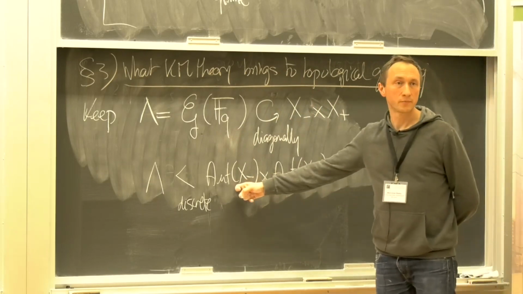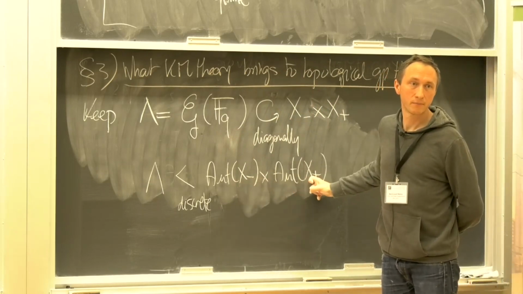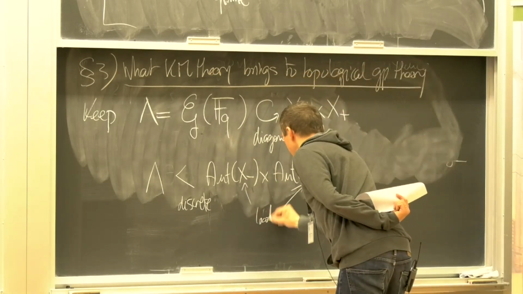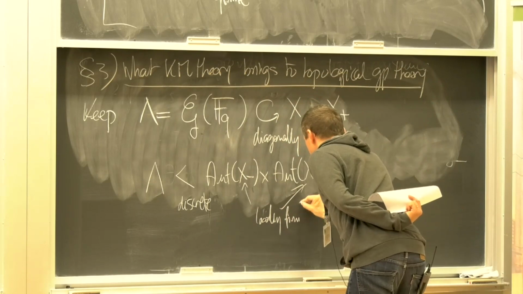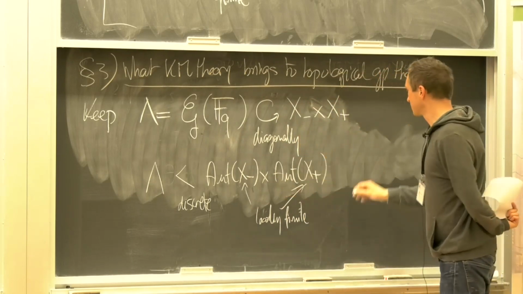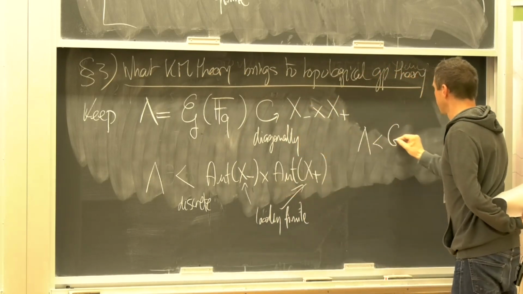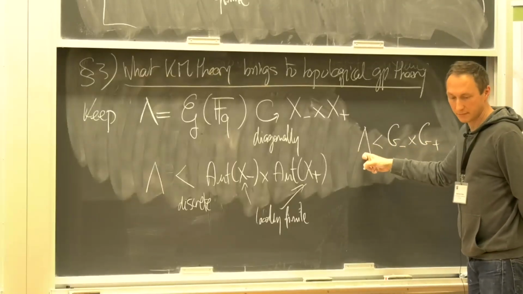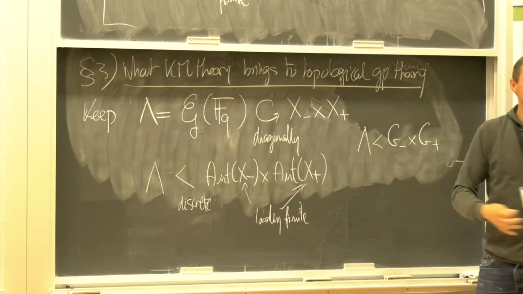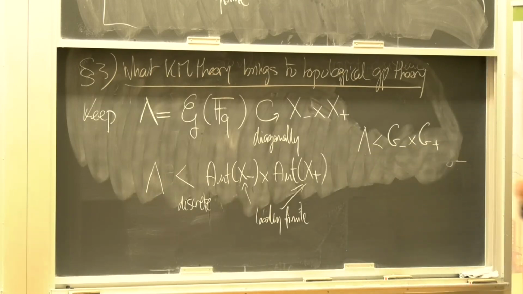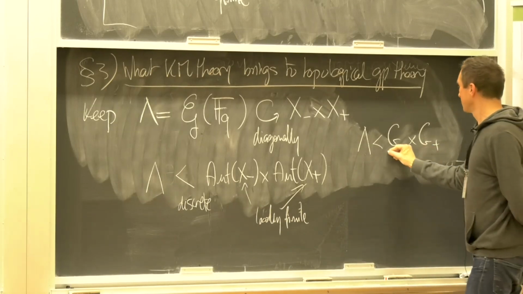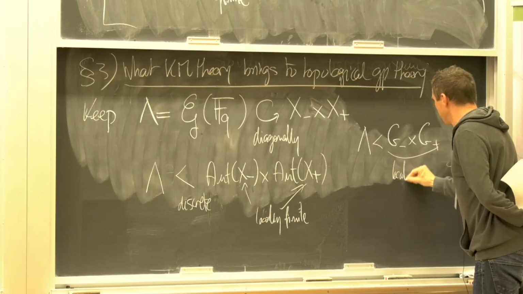So for the compact open topology, these groups are locally compact. Okay, so these are locally finite. Then I get a diagonal embedding of my Kac-Moody group, which, as I said, has no structure from algebraic geometry. But this guy lives as a discrete subgroup in a product of locally compact groups.